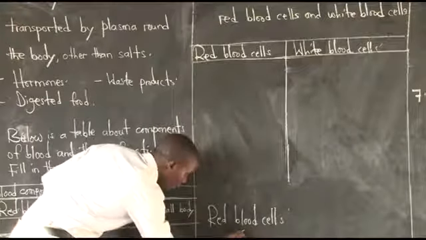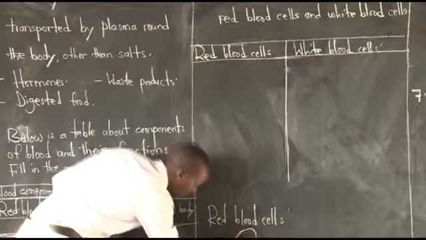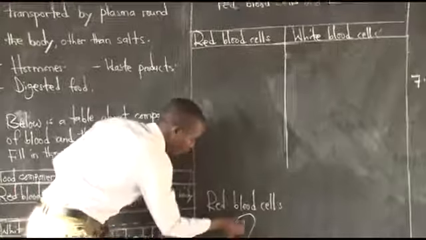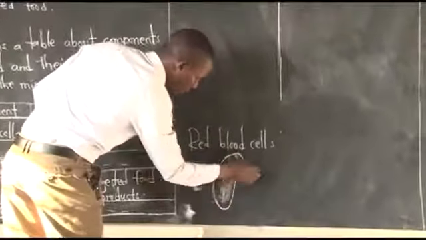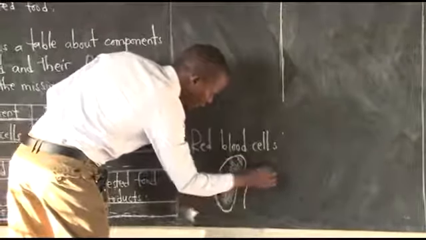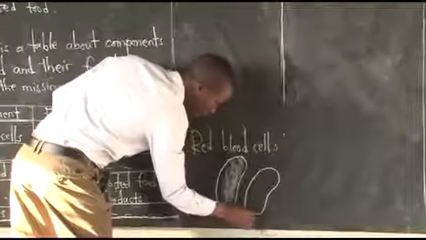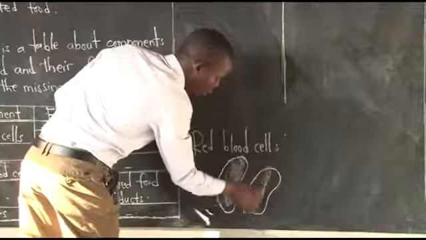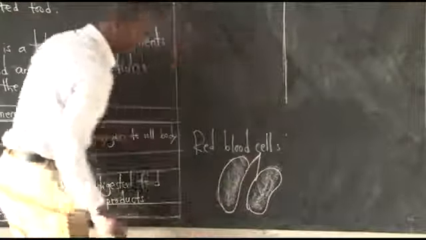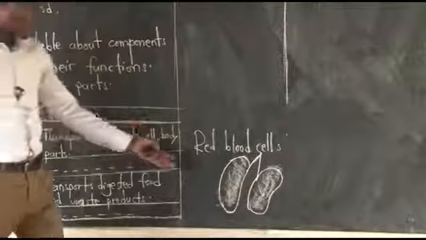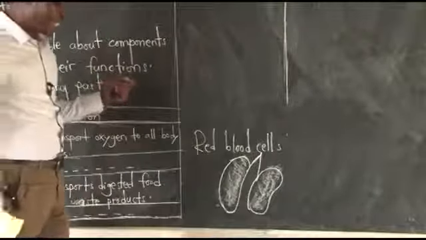So you find that their shapes are not properly circular, but disc-like. You can see these are red blood cells, so if you look at their shapes, you can easily get a difference.